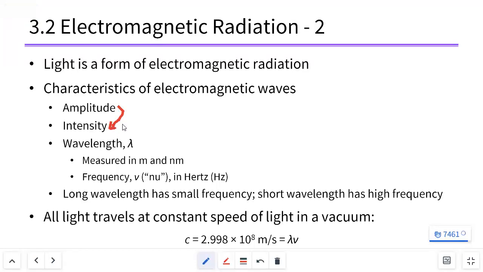So when we talk about amplitude, we are usually talking about brightness or dimness of light. If we're talking about sound waves, we could talk about amplitude in terms of decibel level. So the amplitude of a very loud sound would be very large, but a quiet sound would be very small.